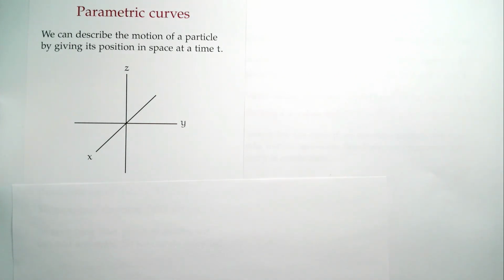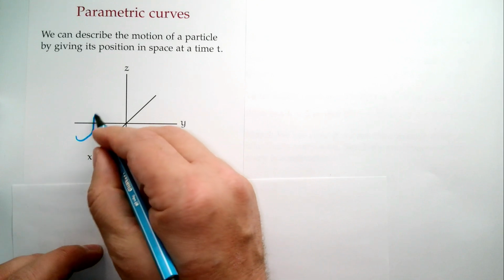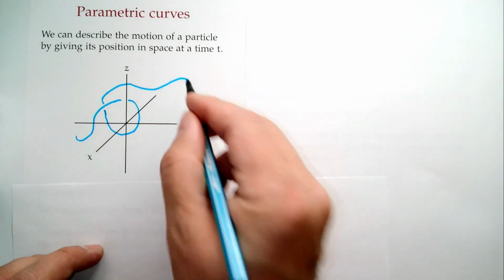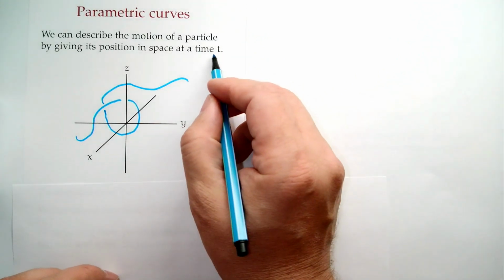So the idea of a parametric curve is we have a particle that we can think of as traveling through three-dimensional space. So I have this particle moving around, and at any given time, I can think of where the particle is at. So oftentimes we think of this t.